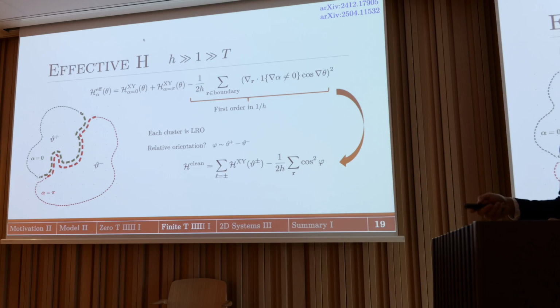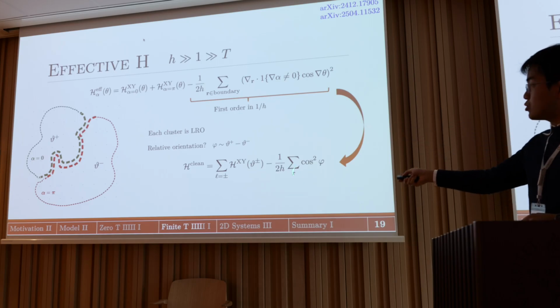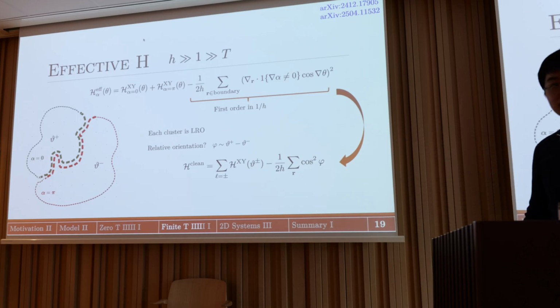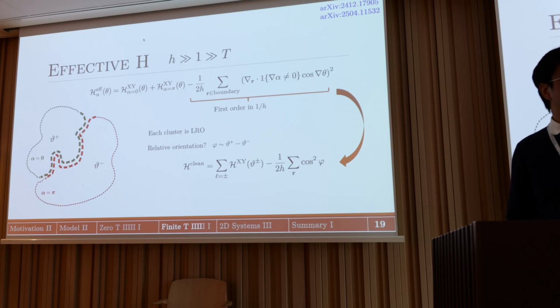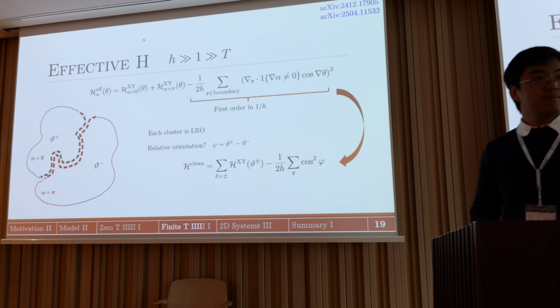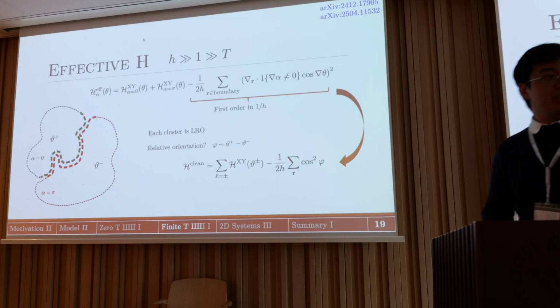So basically, what I'm trying to convince you is that after some rigorous proof and technical details, this effective Hamiltonian can be reduced to a bilayer clean Hamiltonian with a cosine square phi interaction. And notice that we went from a strongly disordered model to a weakly interacting bilayer system. Any questions? So this is the simplified model that you should have in mind.